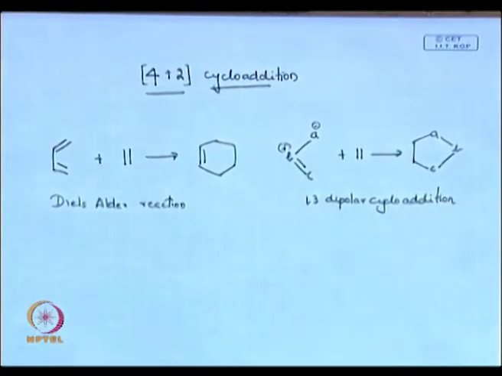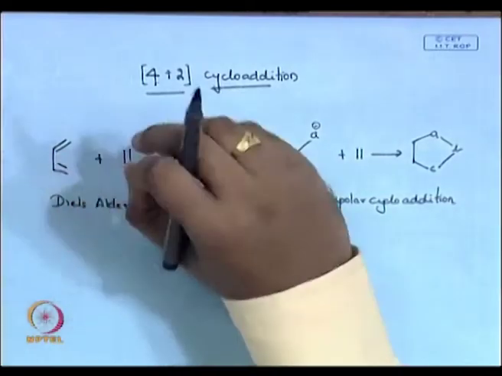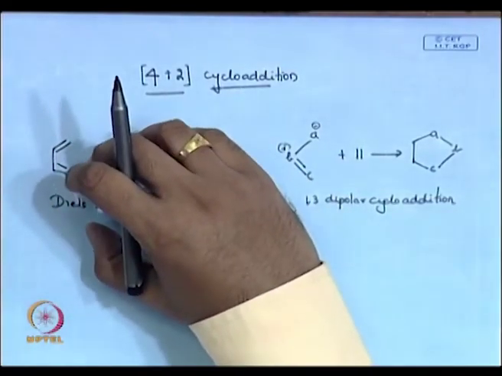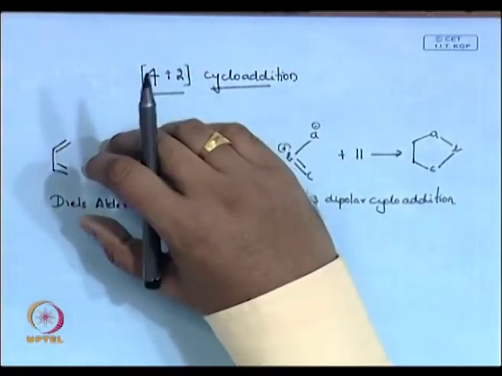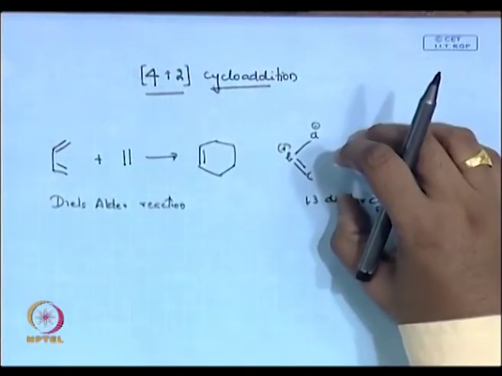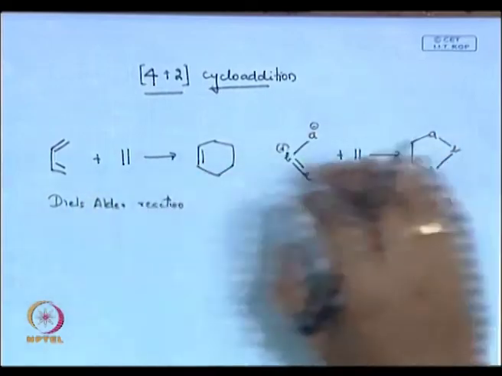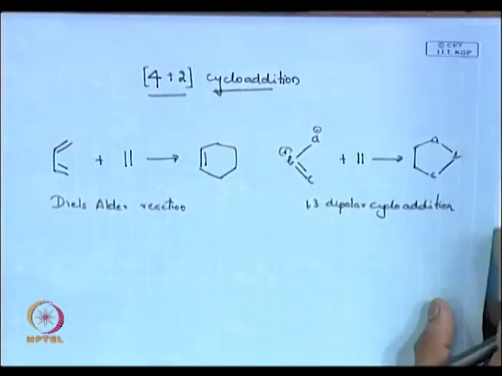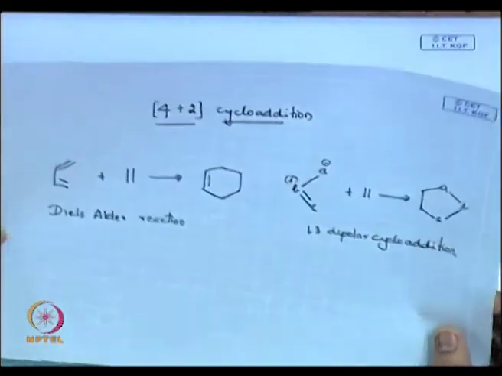So, these are the two reactions we are going to discuss under 4+2 cycloaddition. We will try to understand the Diels-Alder reaction in detail. Once we finish the Diels-Alder reaction, then we will go for 1,3-dipolar cycloaddition. So, we will start with the Diels-Alder reaction.